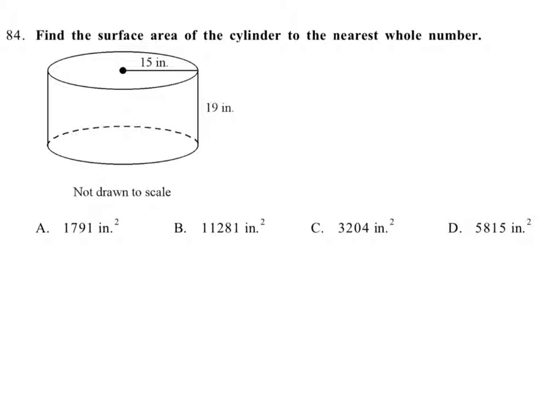Okay, now we're finding it to the nearest whole number. So when we write this formula out, which is 2 pi r, which is the circumference of the circle, times the height, that gives us the lateral area, plus 2 times, because we have 2 of these bases, the base formula area of a circle is pi r squared.